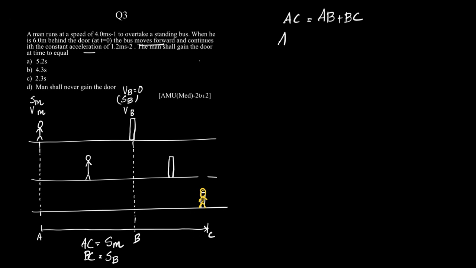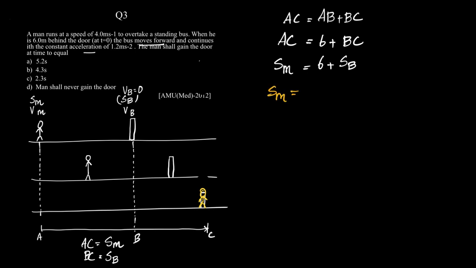So we can write that AC is equal to AB, which is 6, plus BC. Now what is AC? AC is the distance moved by the man, equal to 6 plus BC, and BC is the distance moved by the bus. Alright. Now let us see what SM and SB are respectively.